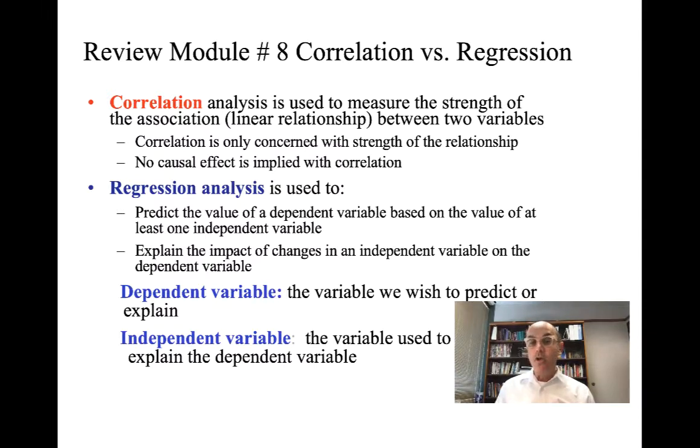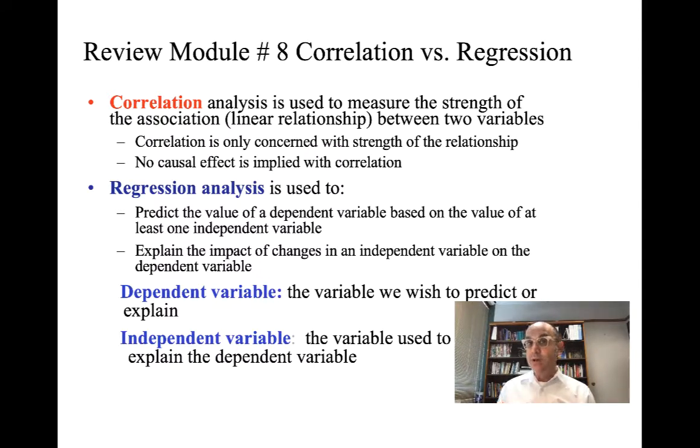In module 8, we looked at correlation, but we also looked at regression and tried to figure out what the difference is. We said that in correlation, the concern is the strength of the relationship.